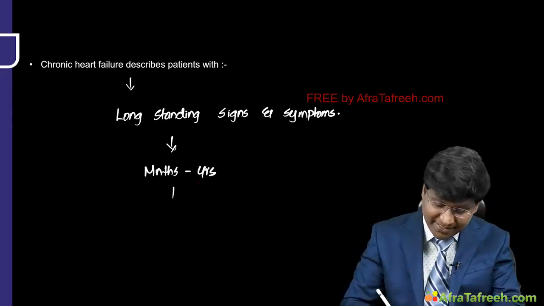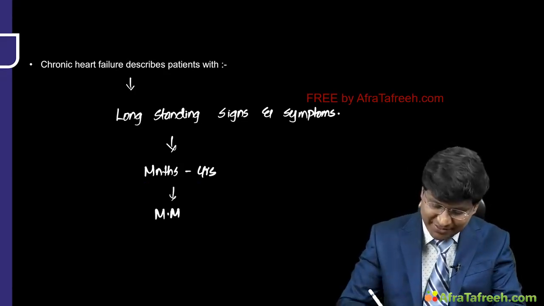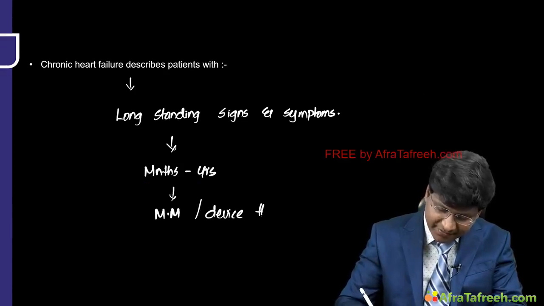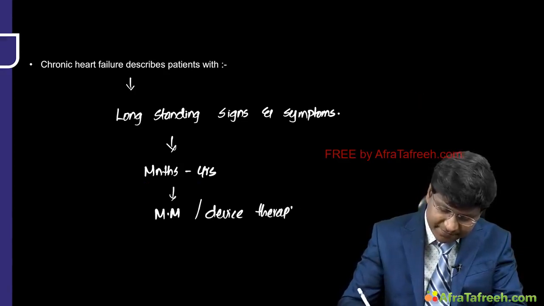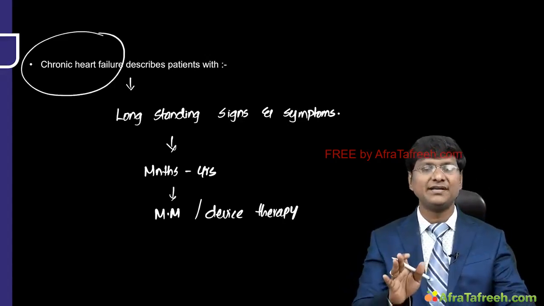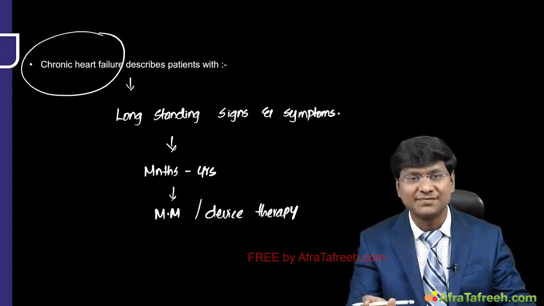And how are they treated? They are treated by either medical management or device therapy. That is the treatment for chronic heart failure, where the individual has clinical manifestations for months to years.